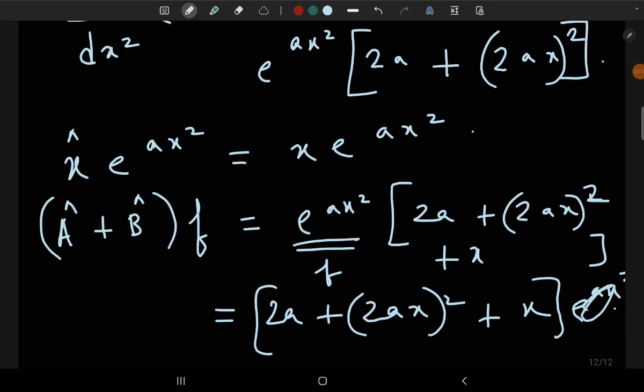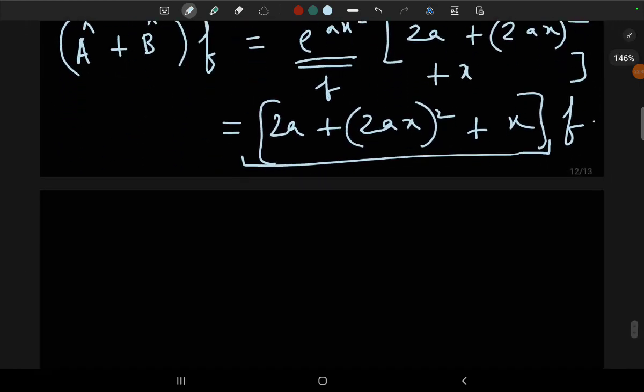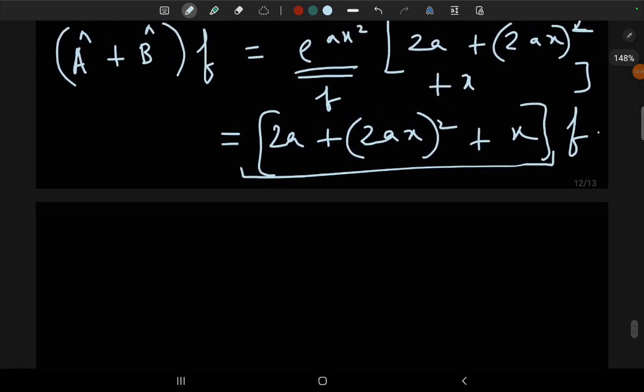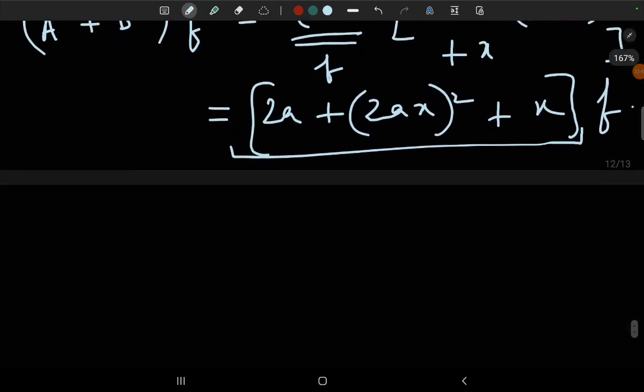Why? Because have a look at this pre-term of f. This term is not independent of x, that is, it is not a constant. So only under a certain condition will it be an eigenvalue equation. How do we derive that condition?